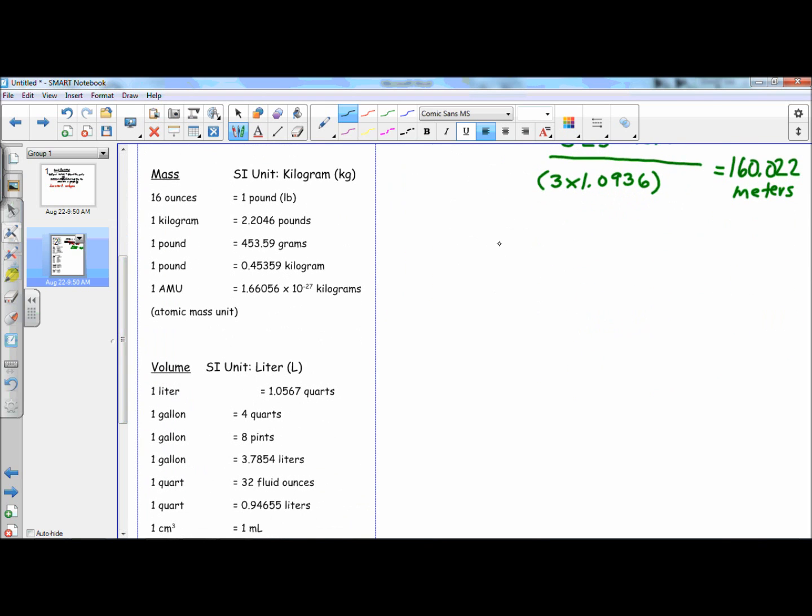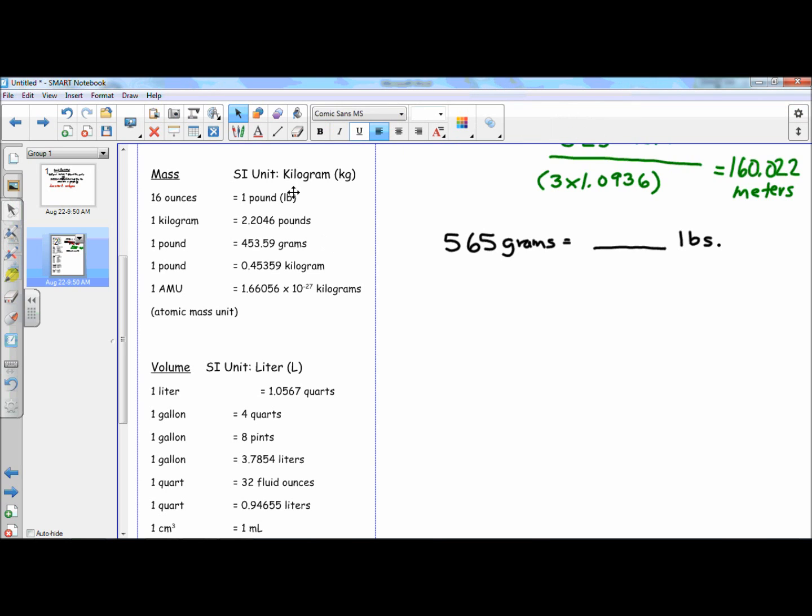All right, let's look at another example. Let's look at one involving mass. So let's do 565 grams equals how many pounds? LBS, remember, is the abbreviation for pounds. Now here I know this is grams, so I know we have mass, and I ask myself, is there a relationship between grams and pounds?